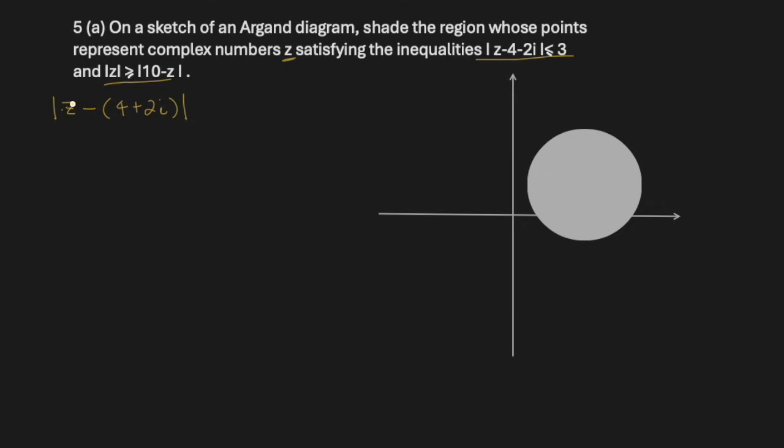That means on the Argand diagram, the distance of z from 4 plus 2i is always 3 or less units, right? So we change our representation in this way. With respect to this particular point, z is 3 units or lesser.